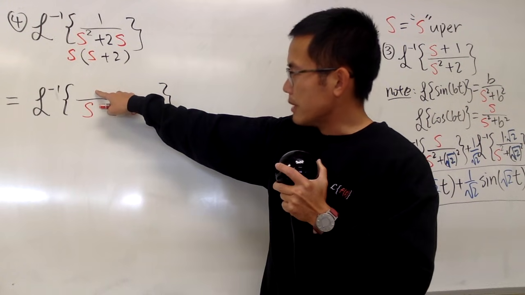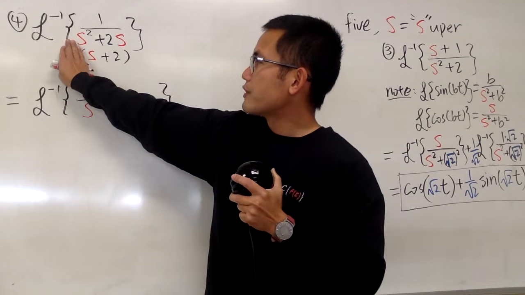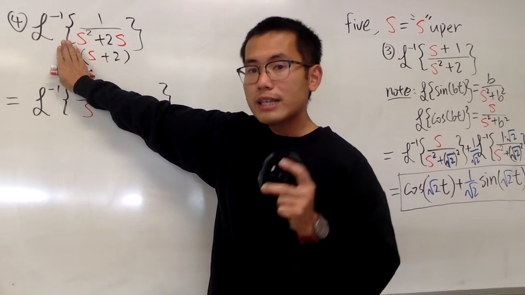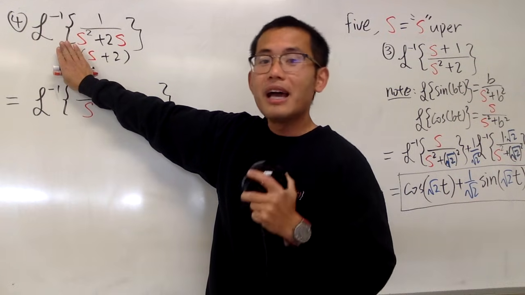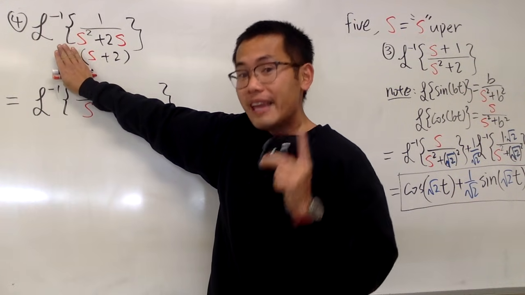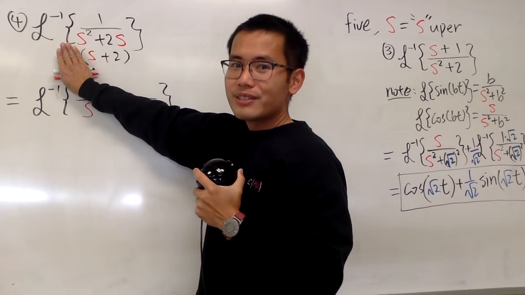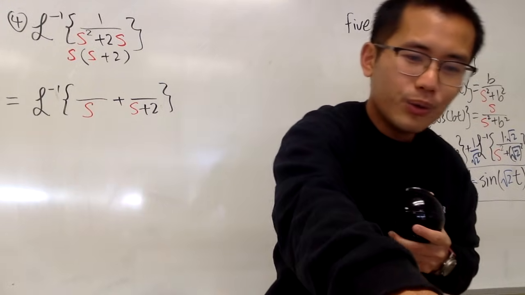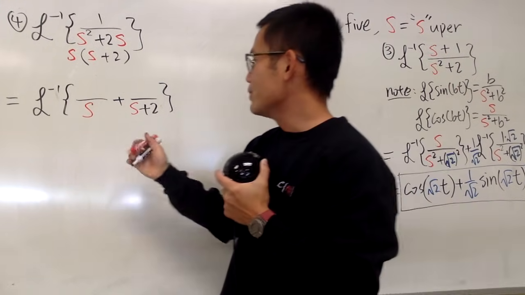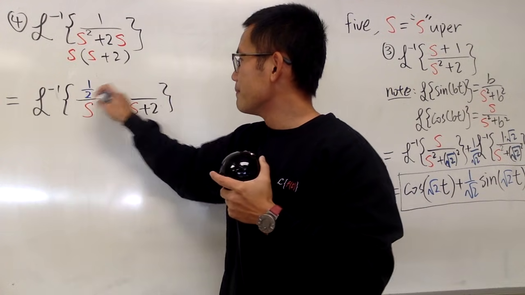To figure out this number, which has an s on the bottom, we go back to the original and cover up the same denominator. And you ask yourself, how can you make s equal to 0? Well, s has to be 0. And then you plug in 0 into this s right here, and then just work that out. 1 over 0 plus 2, just 1/2. So we just get 1 over 2 on the top.